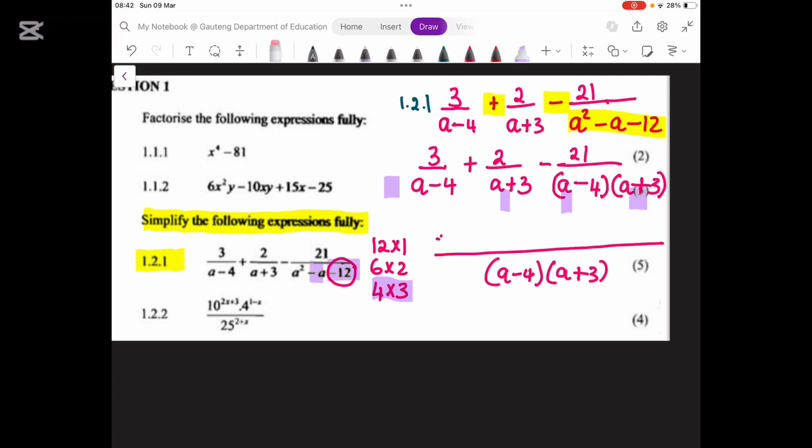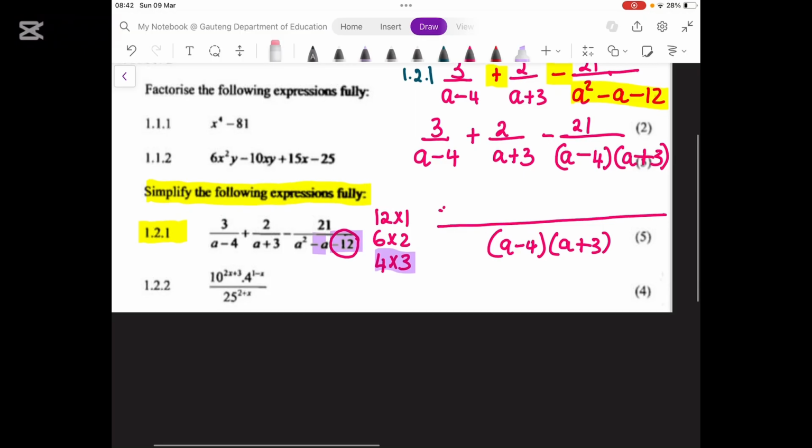Now, to find the numerator, there are so many methods, but the one that I prefer is to multiply each term by the LCD. So if I multiply each term by the LCD, I'm going to have 3 over a minus 4.